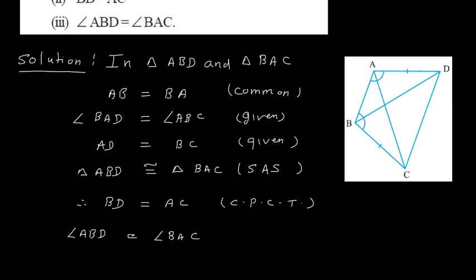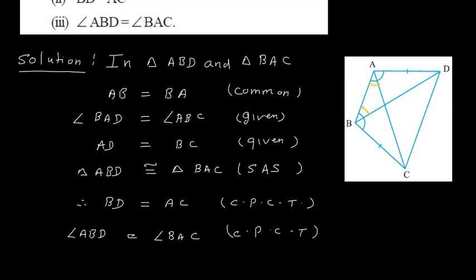What is the reason? They are also corresponding parts of congruent triangles. When I say ABD, I am talking about this smaller angle, and this angle and this angle are equal in the two triangles.